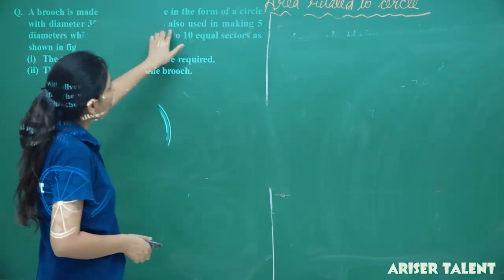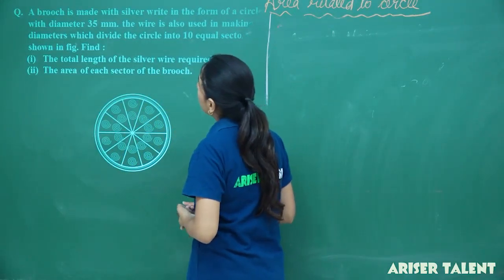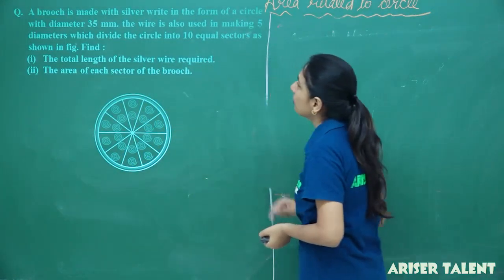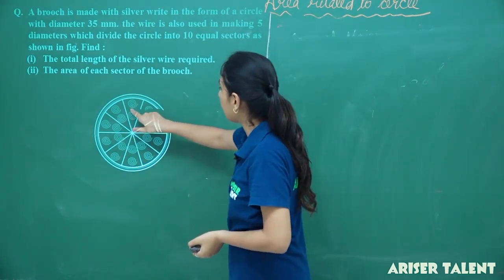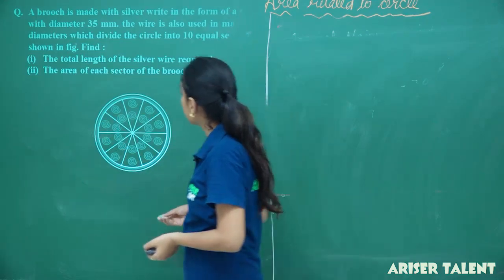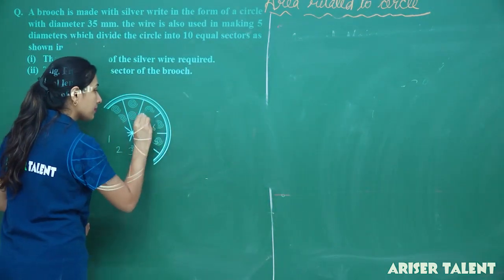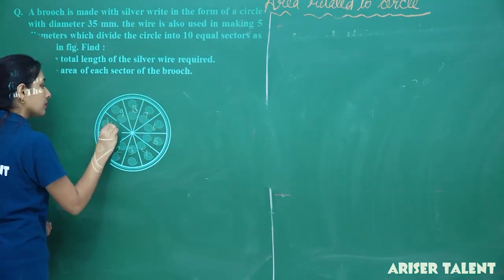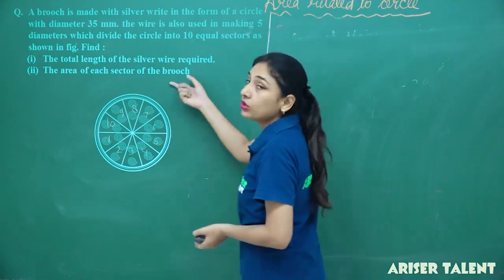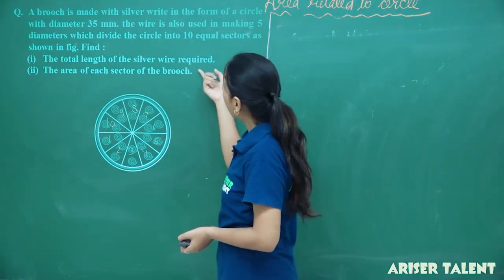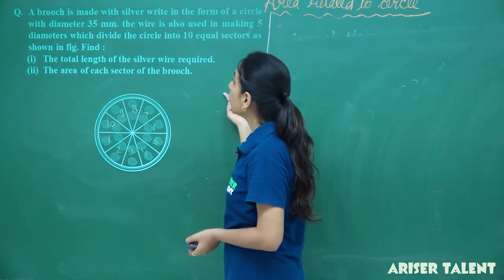The wires are also used in making 5 diameters which divide the circle into 10 equal sectors as shown in the figure, 1, 2, 3, 4, 5, 6, 7, 8, 9 and 10. These 10 sectors. Now, find out the total length of the silver wire required and the area of each sector of the brooch.